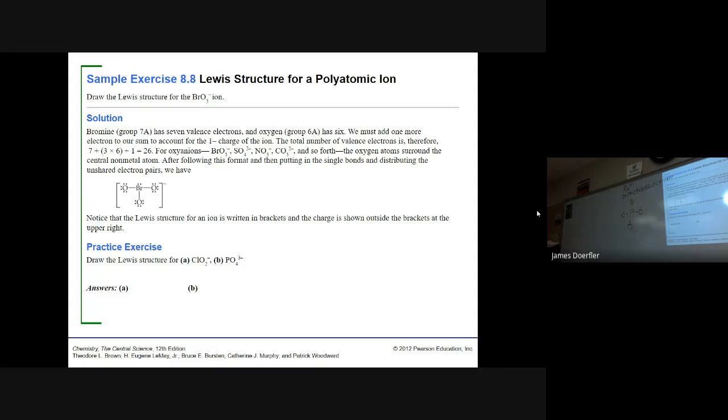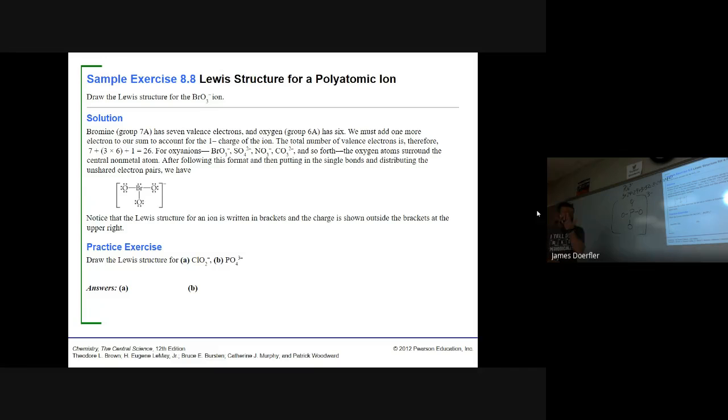Right. Yes. Remember, it's an ion. So we have to use brackets around the whole thing. Not only do we have to include brackets, but what also do we have to include? We have to include the charge in the upper right-hand corner outside of the brackets.